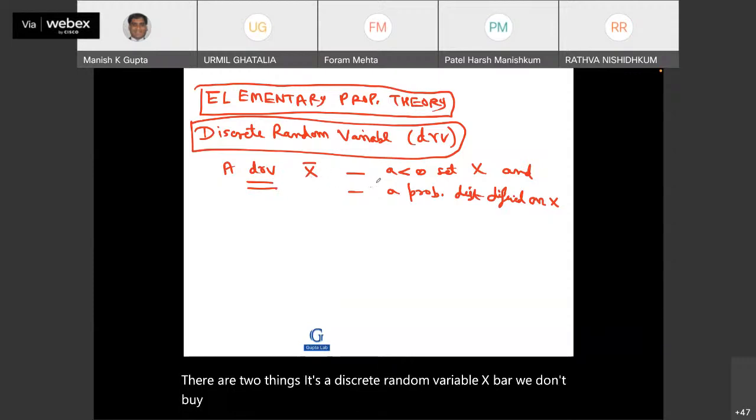It consists of two things: a finite set X and a probability distribution defined on X. Then it is a discrete random variable.